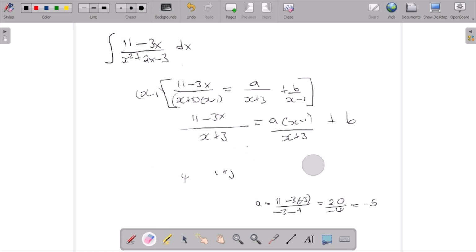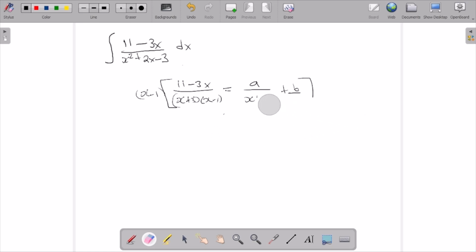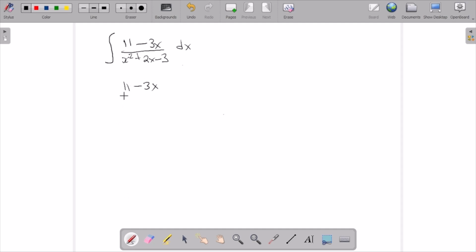All right. So we can then write our rational fraction from before, from at the top there. We can write it as 11 minus 3x over x squared plus 2x minus 3 is equal to, oh, what did we have for a?